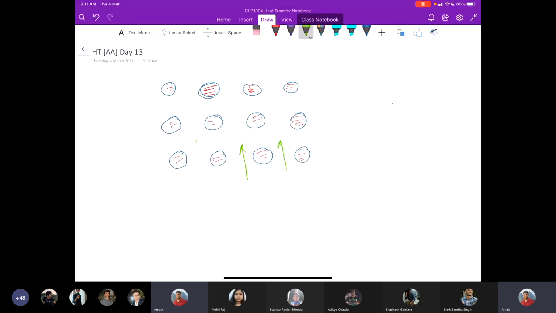Say the flow is upward by some external fluid, or say we have external flow on this arrangement. Okay, so when it comes to the individual tube, we have seen how to calculate the average Nusselt number. Fine. But now we have an arrangement of several pipes or tubes over which the flow is happening.